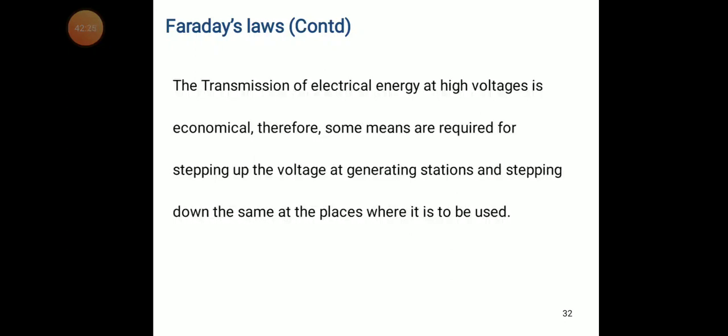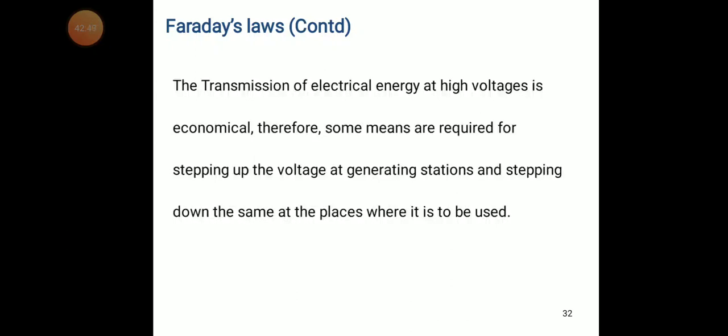The transmission of electrical energy at high voltages is economical. Therefore, some means are required for stepping up the voltage at the generating station and stepping down the same at the place where it is to be used.